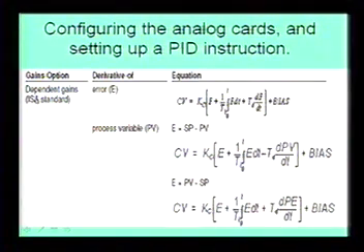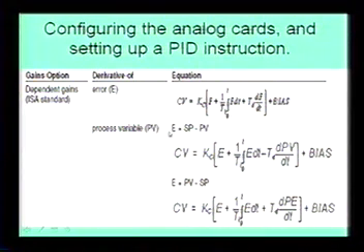So if you feel so inclined, you can study this formula. The way you get to this formula is you go to your help, type in the PID instruction, go to the help screen, and you can look through there and study this. They actually give you the equation.